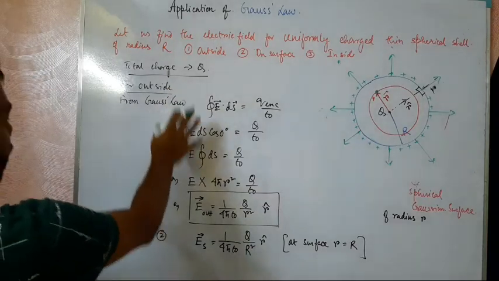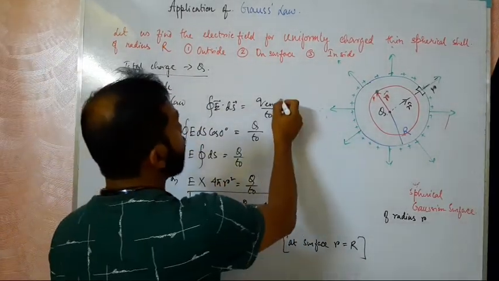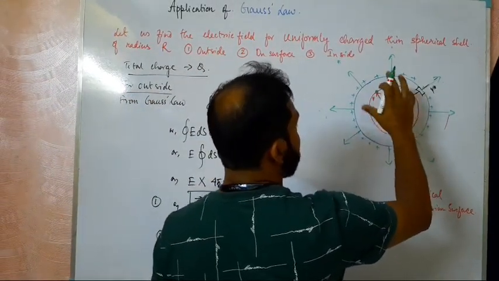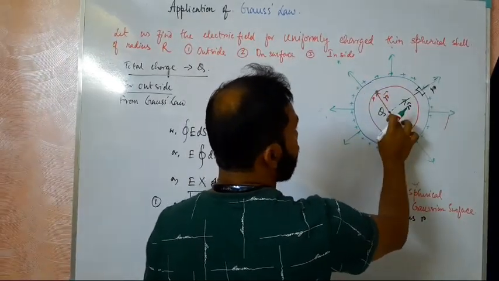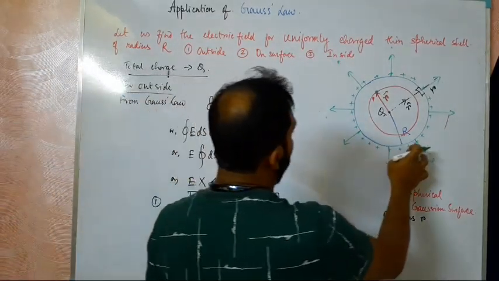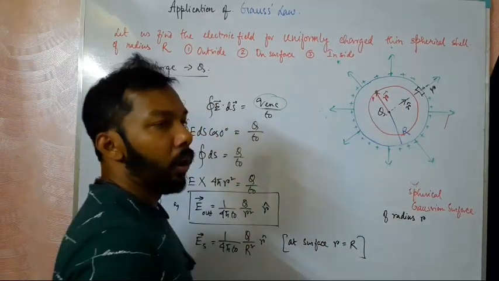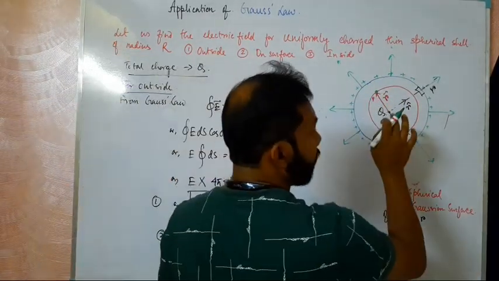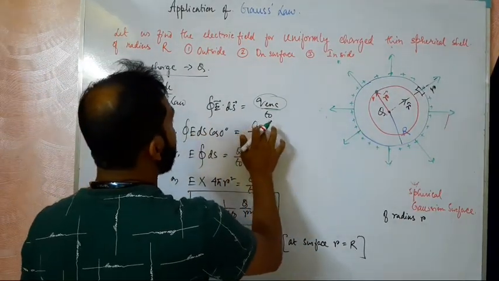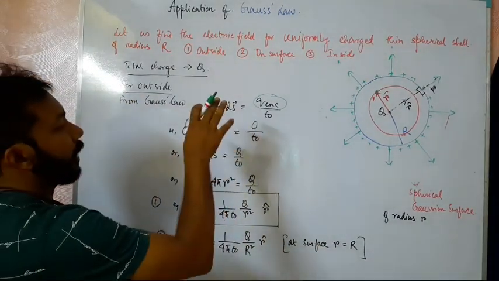For this, everything on the left side remains the same, but one thing will change, that is the value of Q enclosed. Now this particular Gaussian surface does not enclose any amount of charge within it, because the charge is at the surface, since it is a spherical shell. Inside it is hollow, so there is no charge inside the sphere, so it will enclose nothing. Q enclosed will be 0 instead of Q, because it is not enclosing any amount of charge.